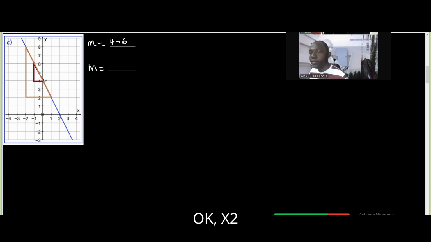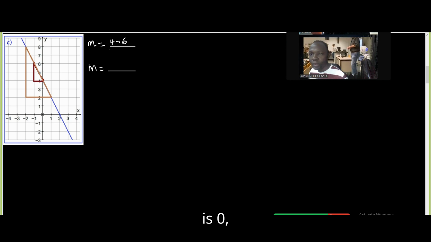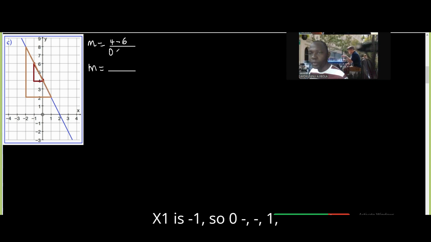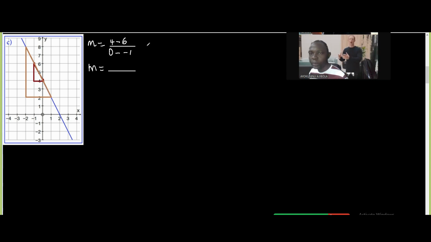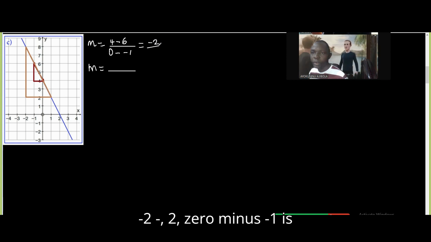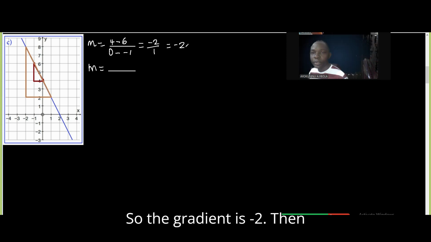X2 is 0, then minus x1 is minus 1, so 0 minus minus 1. 4 minus 6 is what? Minus 2. 0 minus minus 1 is what? 1. So the gradient is minus 2.